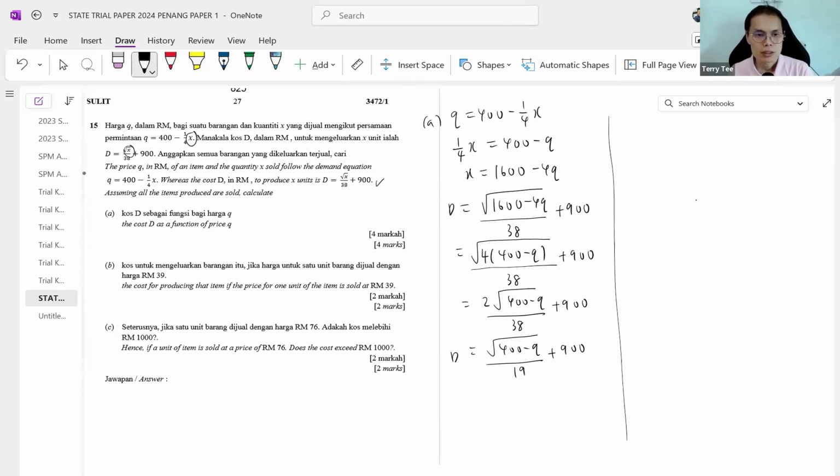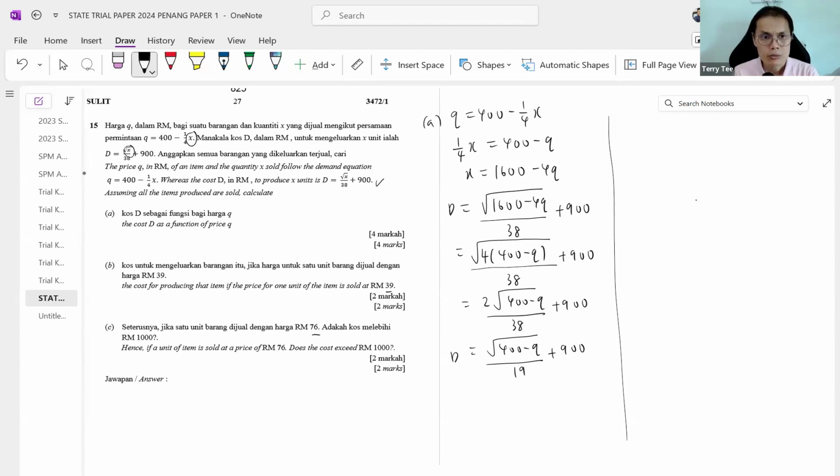So part B, the cost of producing that item for 1 unit. Okay, if the item is sold at 39 ringgit, so that means your Q, remember X is quantity, your Q is the price, right? So you sub inside 39 ringgit. Okay, very simple. It's sold at 39.